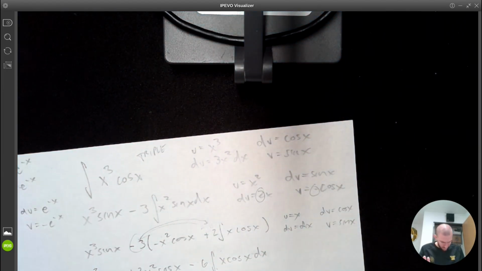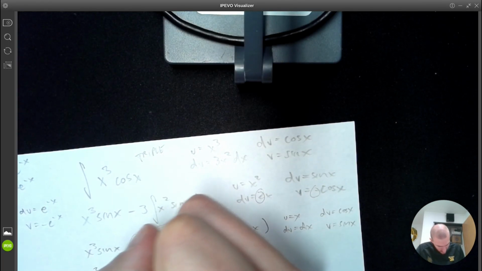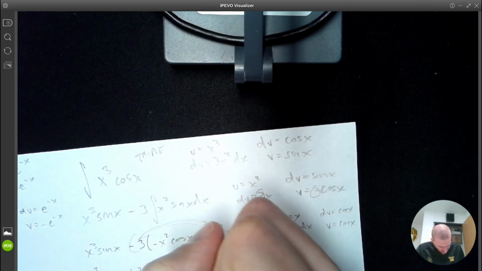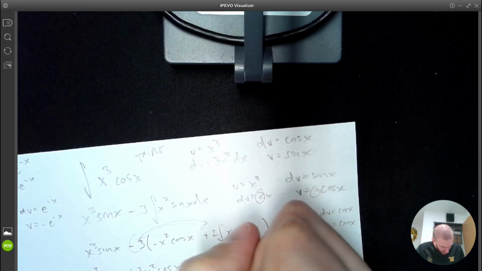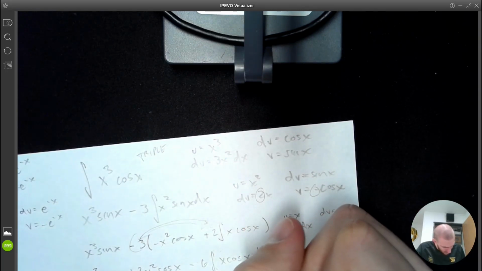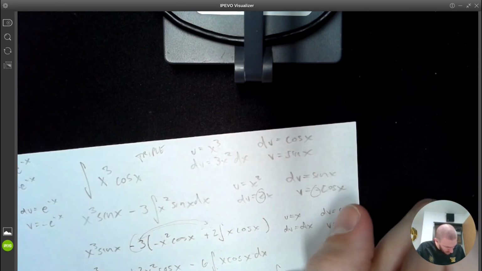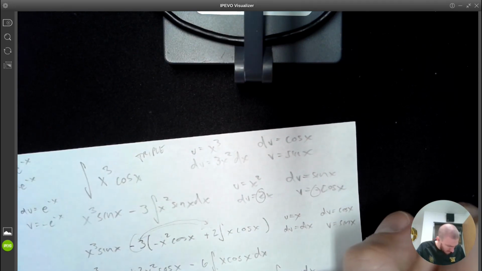I'm just going to pause for a second, do my distributing, and then stop. Now I'm going to do this integral. x cubed sine of x plus 3x squared cosine of x minus 6. Now I'm going to get x sine x minus the integral of sine x dx.